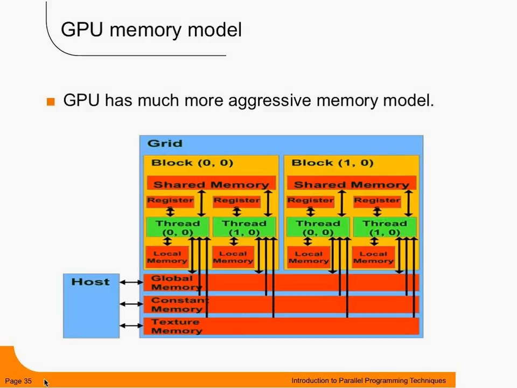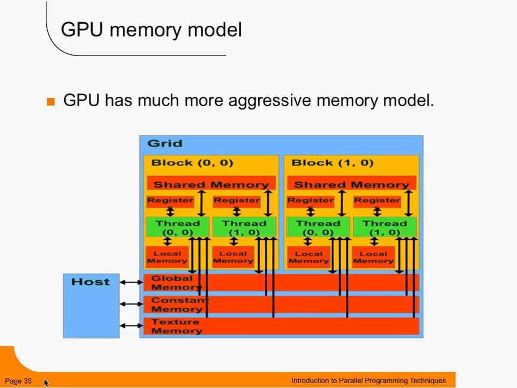Each core has register memory and local memory, and those cores are divided into blocks. For example, your GPU has 64 blocks. Each block has shared memory, but blocks cannot access each other's shared memory, and that's what the global memory is for.